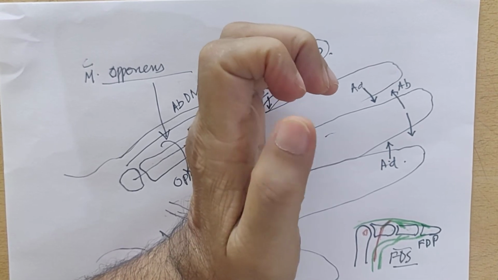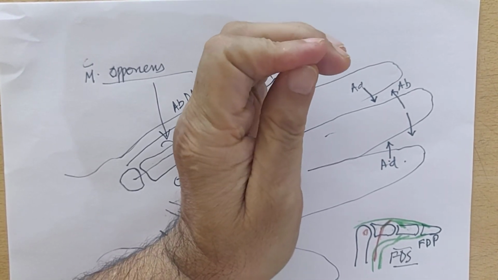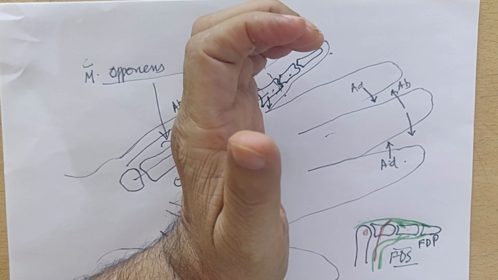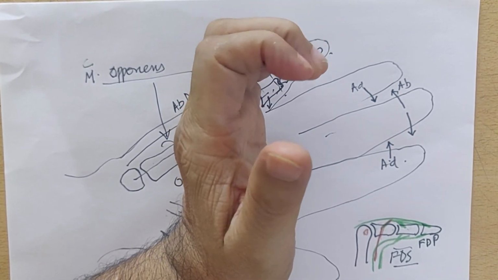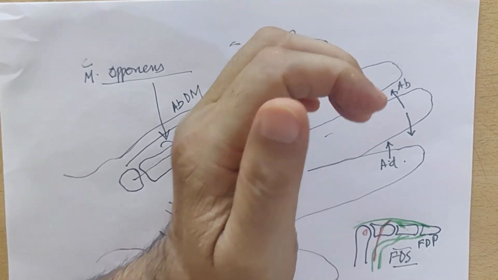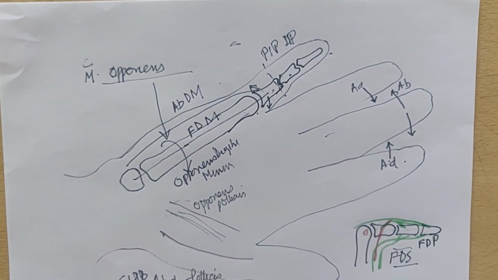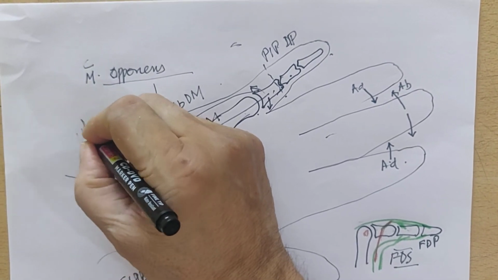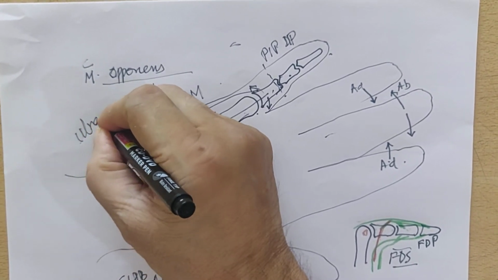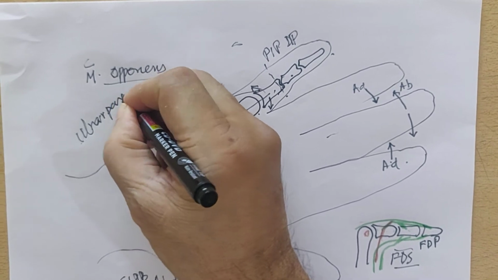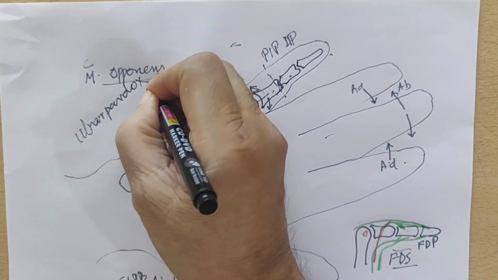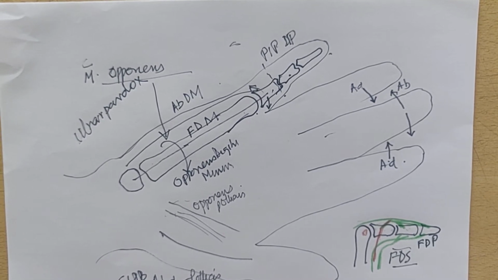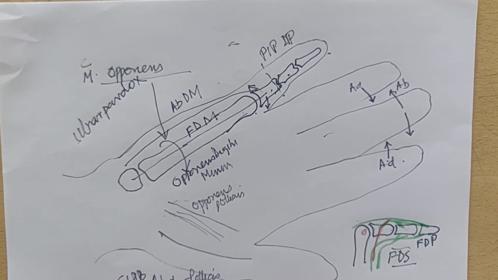Now if the FDP, flexor digitorum profundus, is also paralyzed, as in high ulnar nerve paralysis, then this clawing would decrease, and that is called the ulnar paradox. A low ulnar nerve paralysis would paralyze only the lumbricals and will produce a complete claw hand.